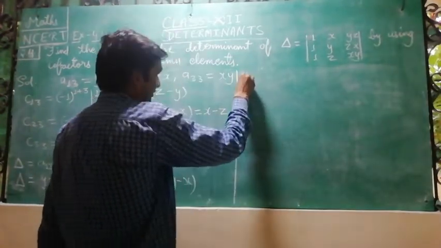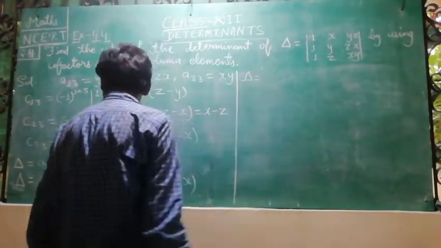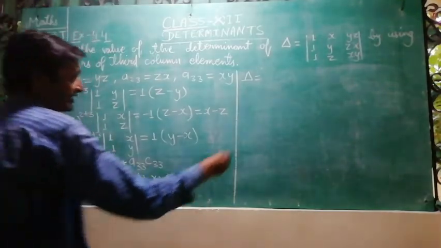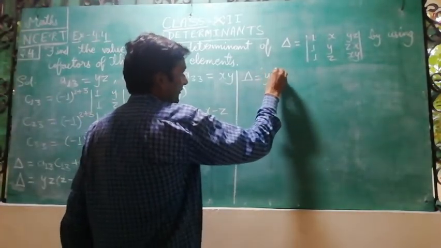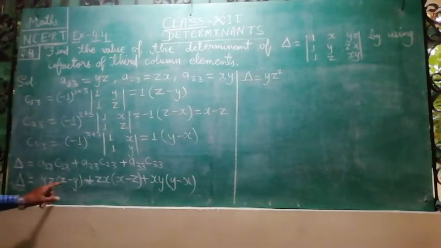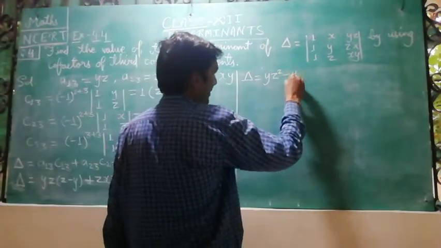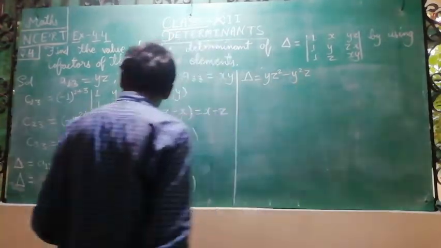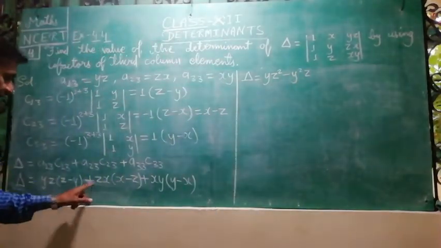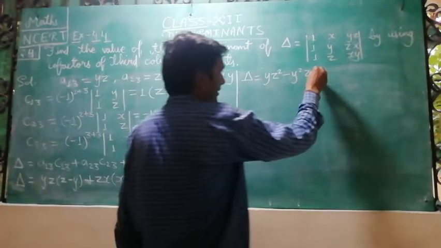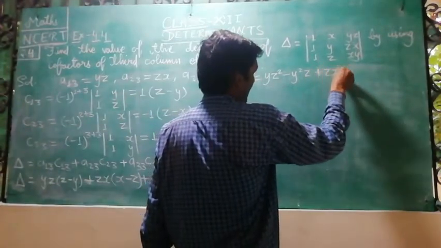So now delta, or determinant, is equal to yz into z is yz square. Yz into minus y means minus y square z. Now zx into x means plus zx square.